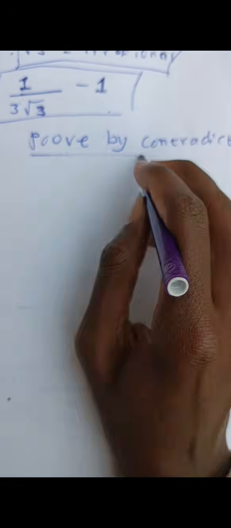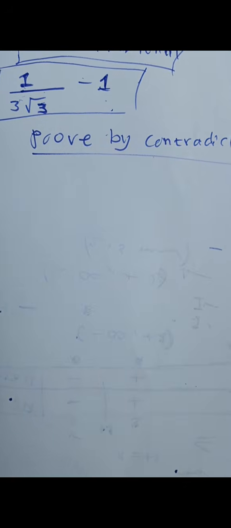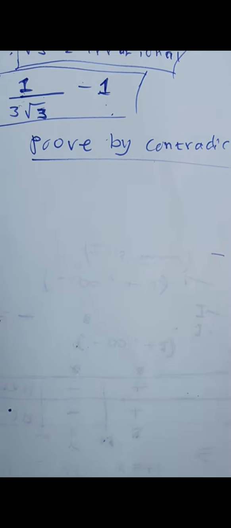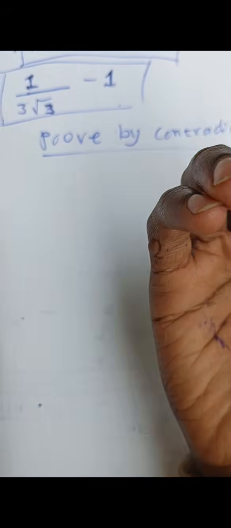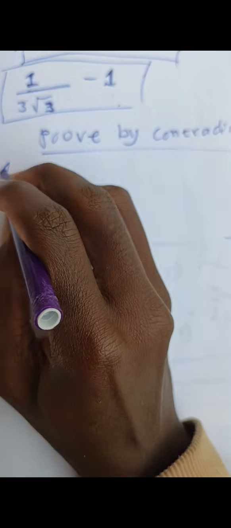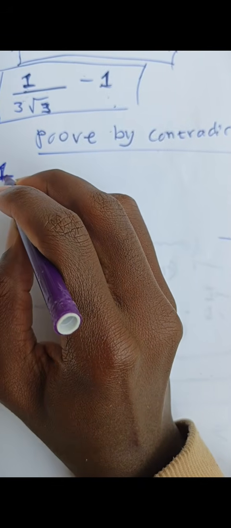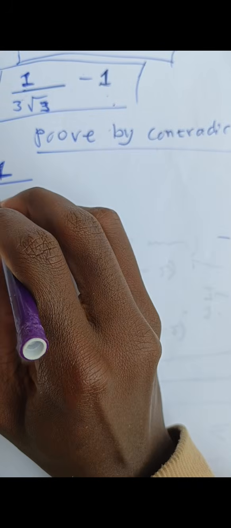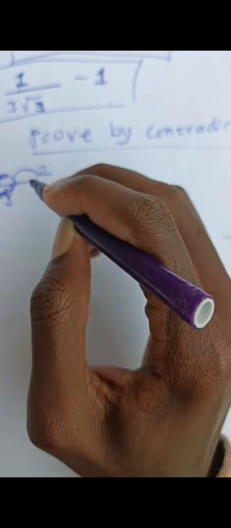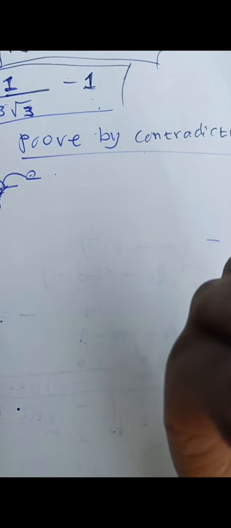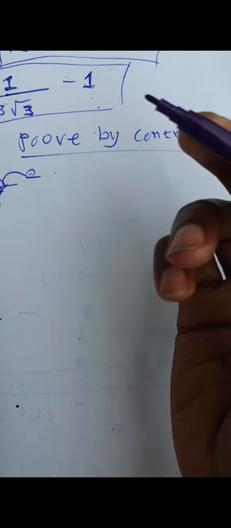Okay. What are we contradicting? We are contradicting their opinion in the question that it is irrational. For the fact that we are opposing the idea of this being irrational, it means that we are assuming that it is not irrational, meaning that it is rational. Wait, let me write it. I show you. Before I even write anything, the statement I'm going to say here, you have to write it, but for the sake of this video, I don't want to make it lengthy, so I won't write it, but I'll mention it.